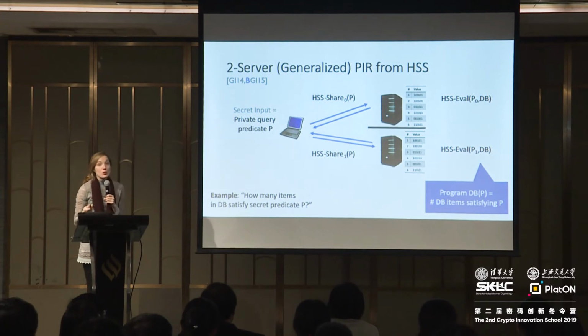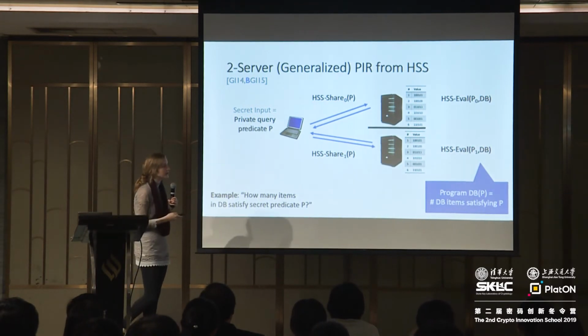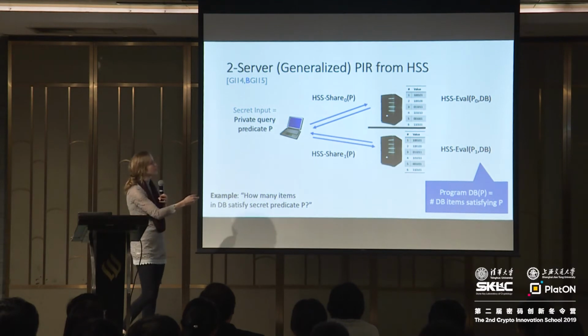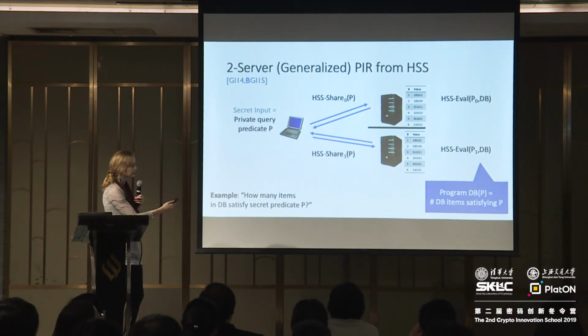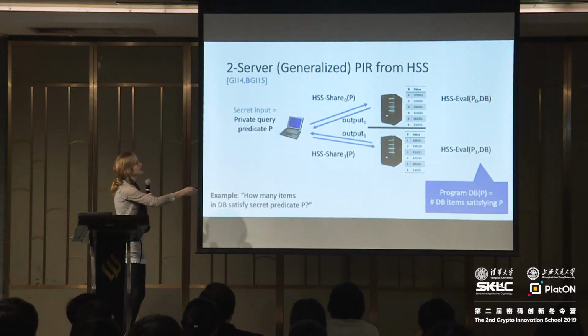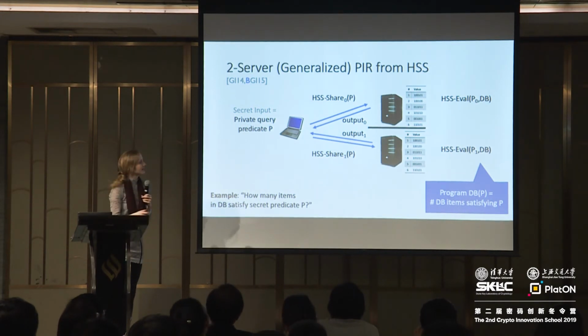But certainly, if your homomorphic secret sharing scheme supports this type of function, then what the servers are doing is they just homomorphically evaluate their shares with respect to this function. This will give them each some share, the output share.